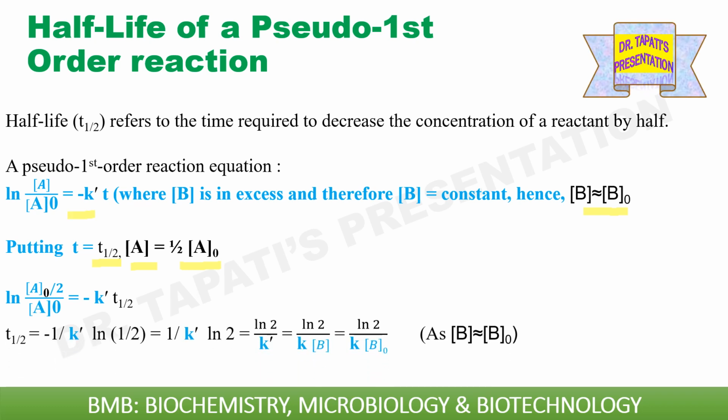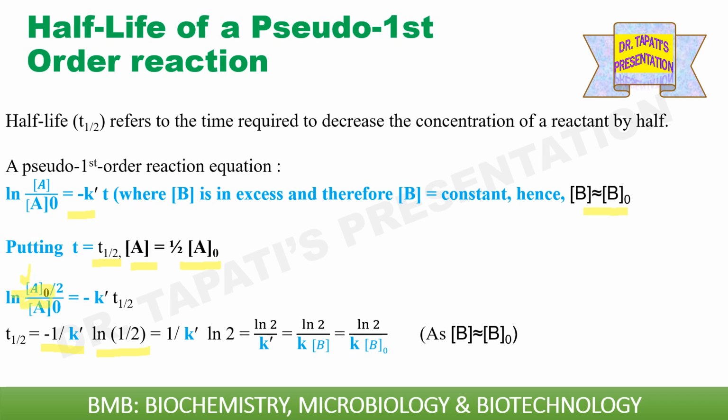Now we can calculate t half is equal to minus 1 by K prime into ln half. We are getting this ln half from this part of the equation.